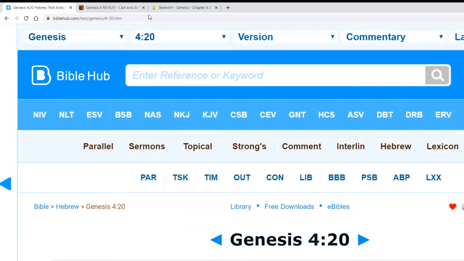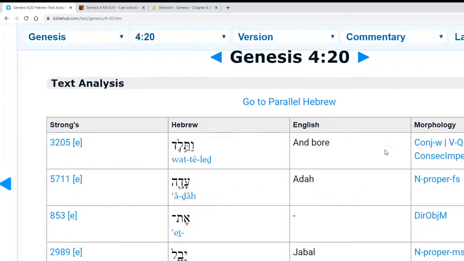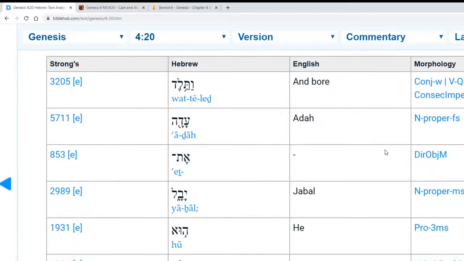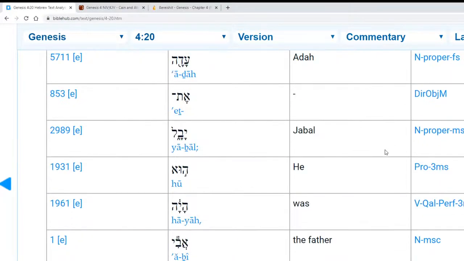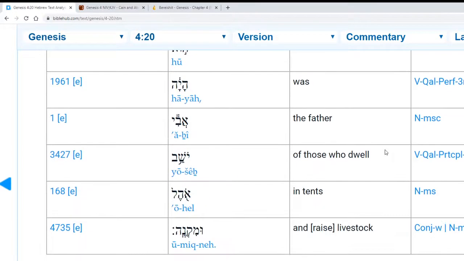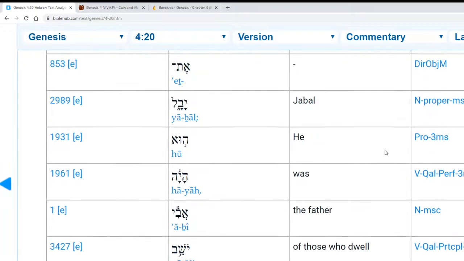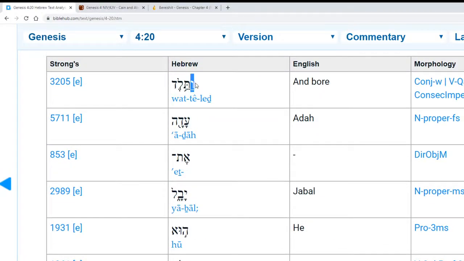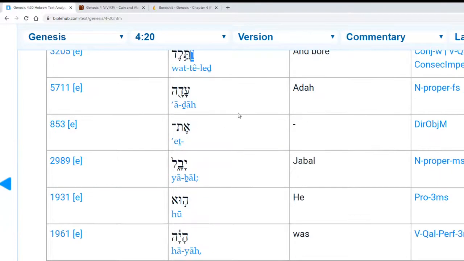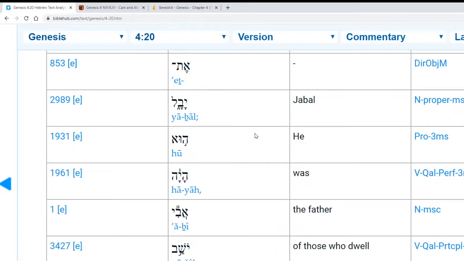Okay. Verse 20. Vateled Ada et Yaval, hu haya avi yoshev ohel umikne. Okay. Conjunctive vav, teled, born, gave birth to. Ada, that's her name. Et, direct object marker. Yaval, so that's the name. It's similar to Jubilee.